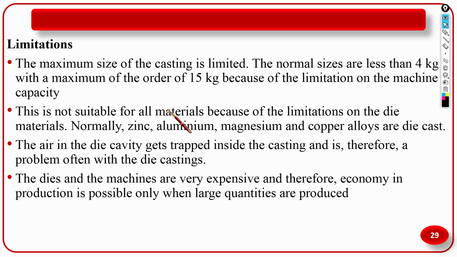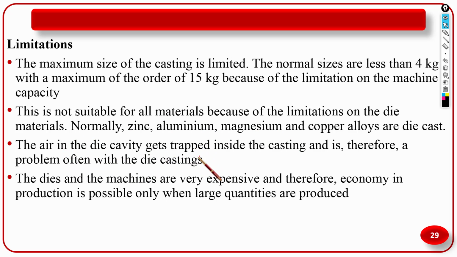This is not suitable for all materials because of the limitation on the die material. So it's not suitable for all types of materials like steels. Steel is cast at very high temperature, but you can see that die casting is not used for steels. The air in the die cavity gets trapped.